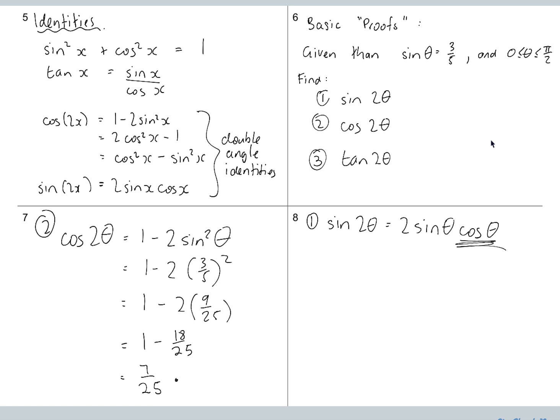Question: didn't you only work out what cos 2 theta is? Isn't 7/25 cos 2 theta? Don't we need to work out what cos theta is? No, so if you look at question 2, it says what is cos 2 theta? Oh, yes, it does.